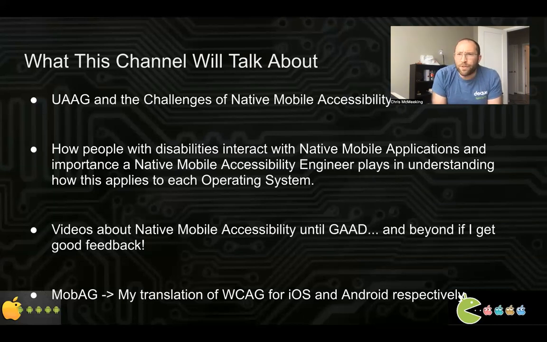But when we're talking about really accessible applications, iOS and Android are as different as iOS and web, and Android and web. iOS and Android have their own challenges. And so when we're talking about interpreting WCAG, it's not interpreting WCAG for native. It's interpreting WCAG for iOS and interpreting WCAG for Android.